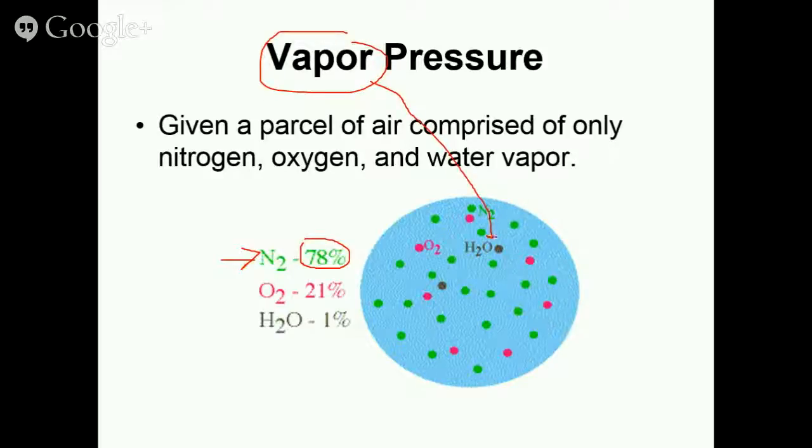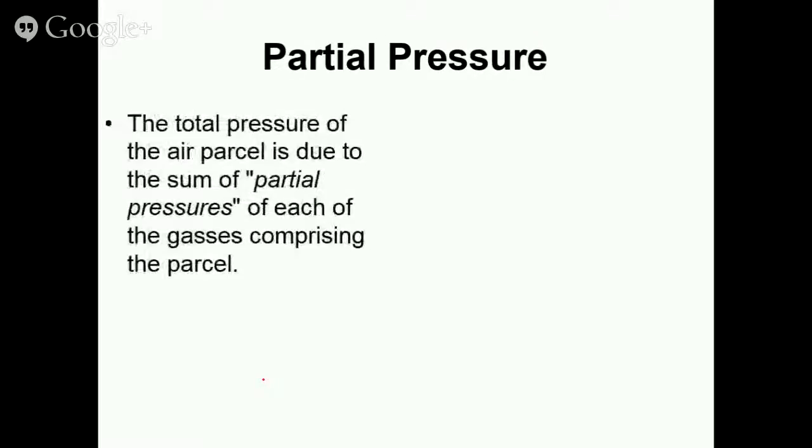And because water is in this sample 1%, we should be able to ask ourselves, what is 1% of 1,000? That would give us our vapor pressure. So this is a form of partial pressure, a sum of pressures but in parts, and what we're after is the part of vapor pressure.